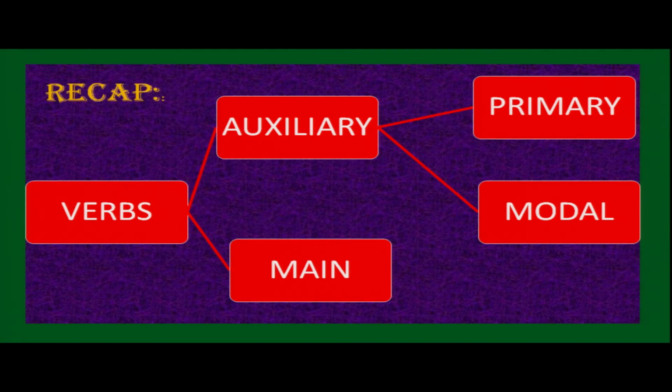And as we have discussed, auxiliaries are helping verbs. They come with the main verbs. But when auxiliary verbs, the primary auxiliary verbs, are used as a single verb in the sentence, they function like main verbs. And auxiliaries are of two categories, primary auxiliaries and modal auxiliaries.